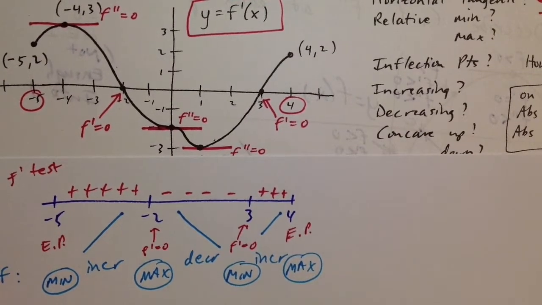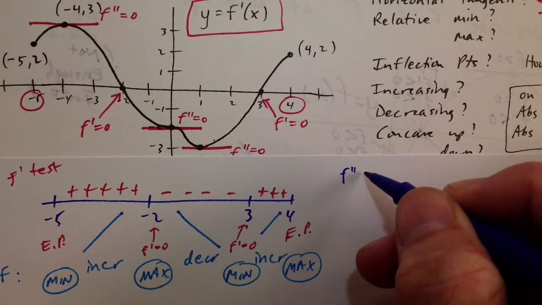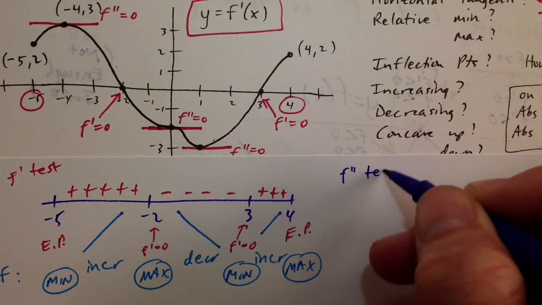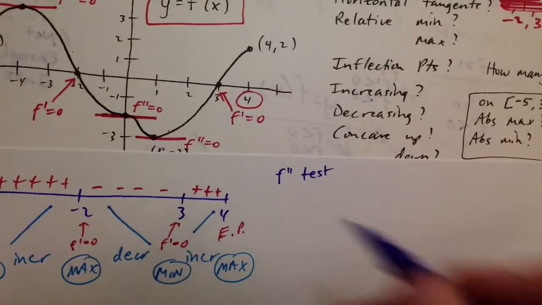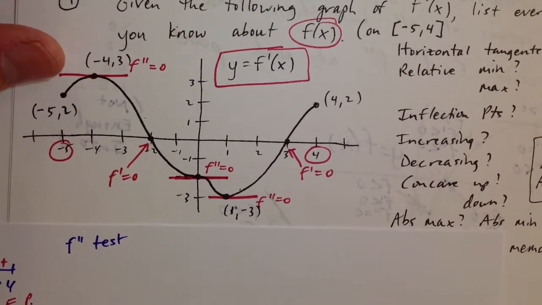So now concave up and down. Let's look at f double prime. We already said where f double prime is equal to 0, so let's do the f double prime test. Let's move this over. Again, if you miss anything, this will be in a video.